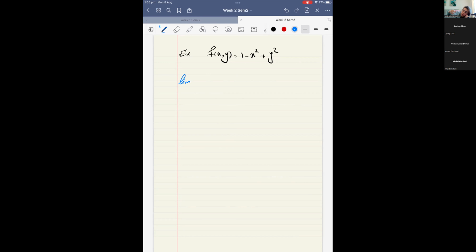Okay, don't worry, it's very easy. It looks like delta z over delta x is the limit as delta x goes to 0 of f of x0 plus delta x and y0, because now you have 2 variables here, minus f of x0, y0, over delta x.